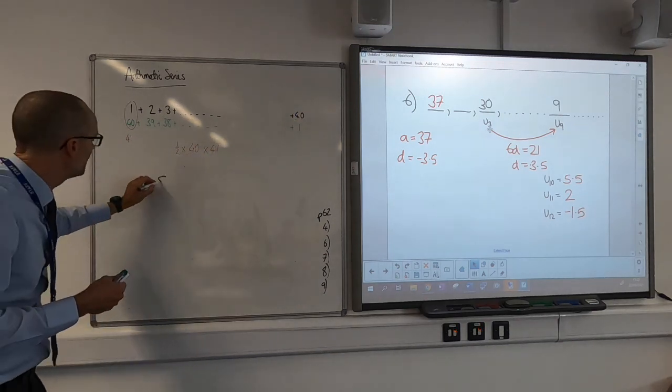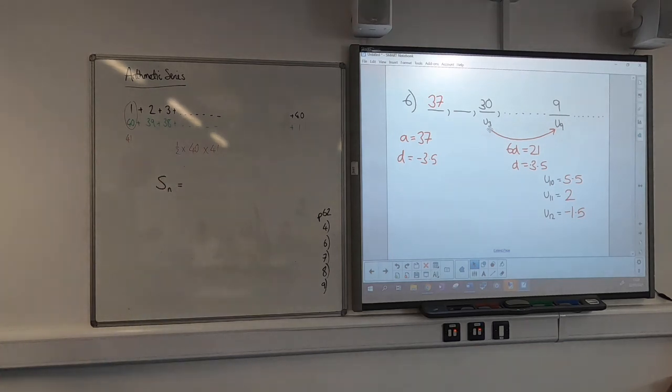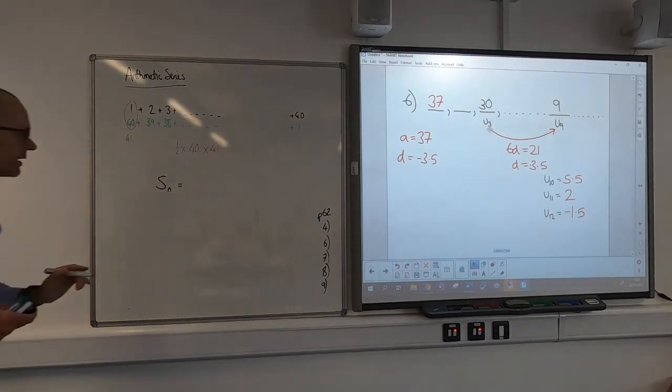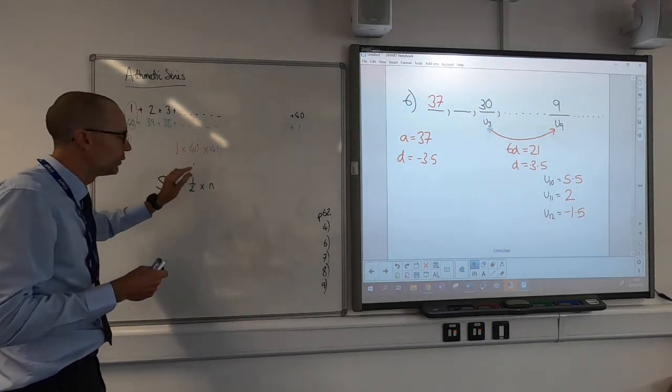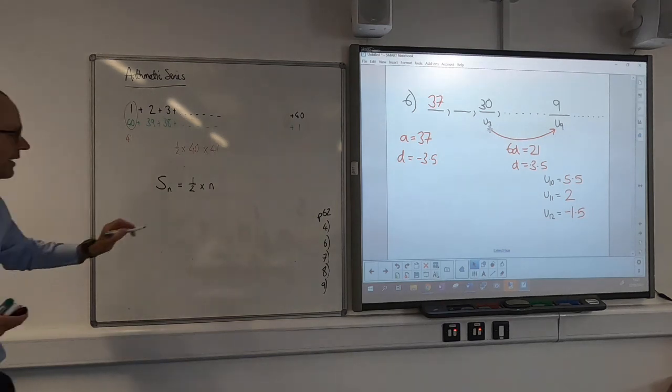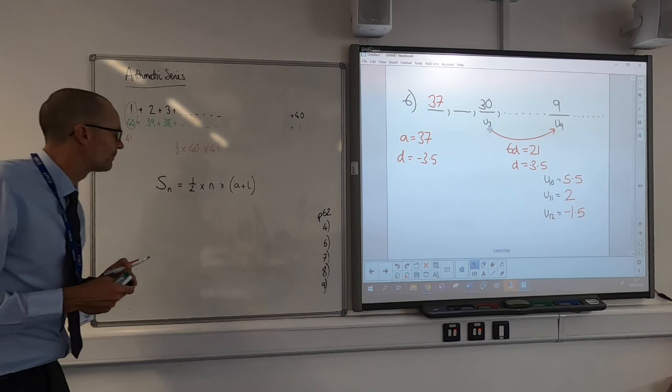So the sum of the first n terms of an arithmetic series is a half times n, the number of terms, times the first and the last number added together.